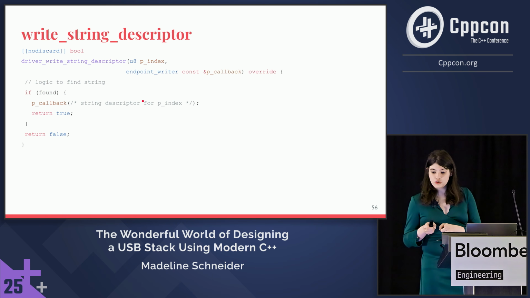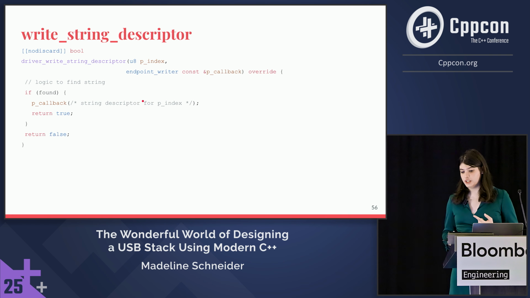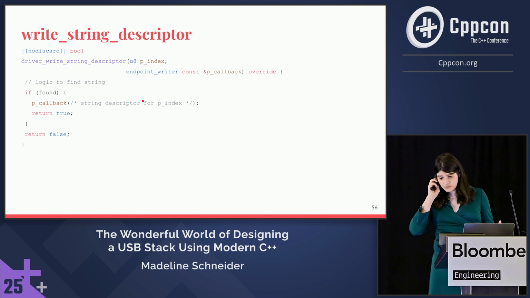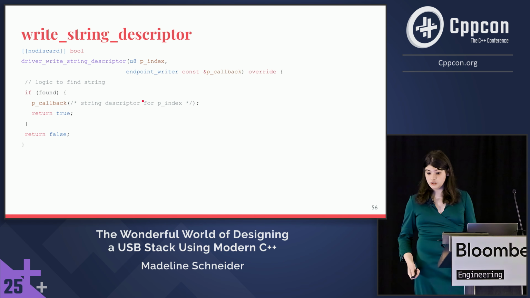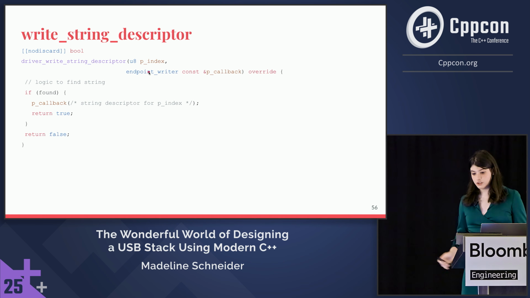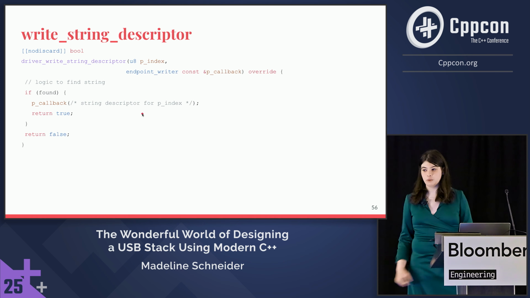Okay, write string descriptor is a little more straightforward. All this does is you have some logic to find your specific string, given an index, and if it's found, write it out and return true. If it's not found, do nothing, return false.